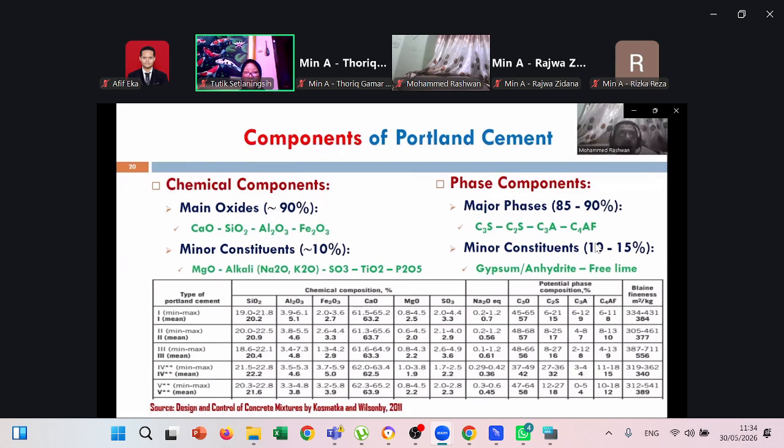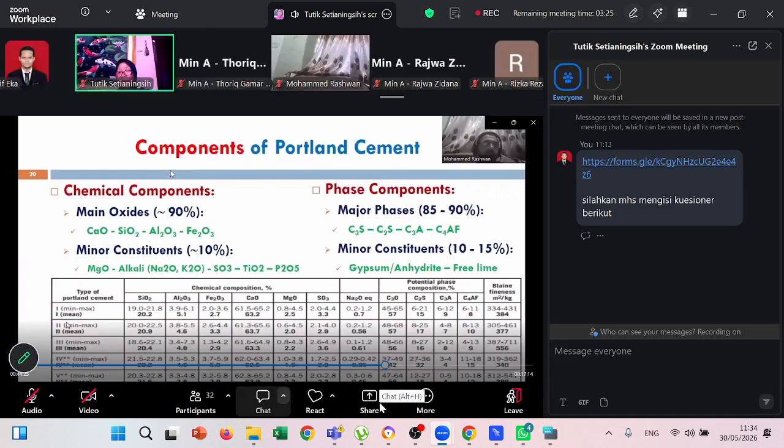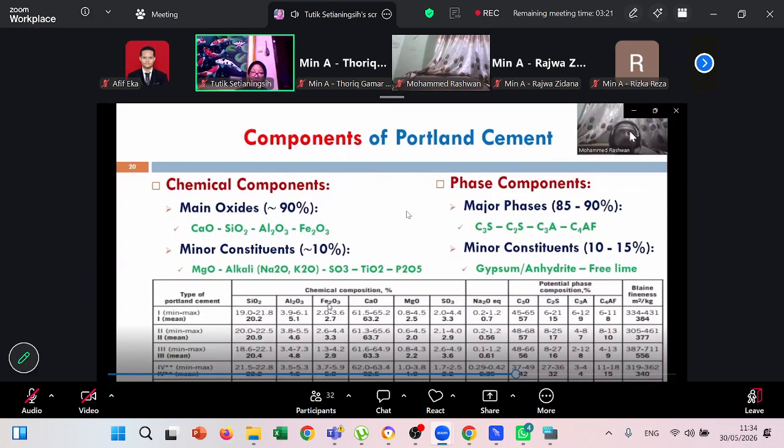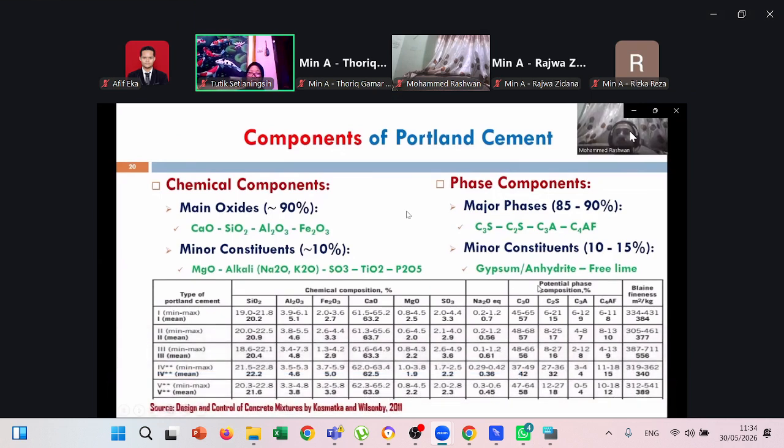And this table shows the average composition of different types of Portland cement, types I, II, III, IV, and V: silicon, aluminum, iron, calcium, magnesium, and sulfur, in addition to the potential phase composition of C3S, C2S, C3A, and C4AF, with the minimum, maximum, and average values.